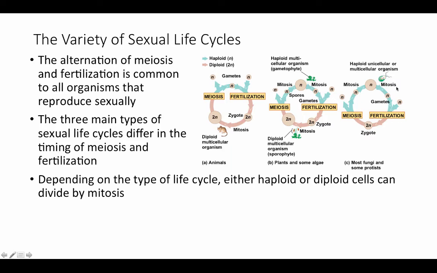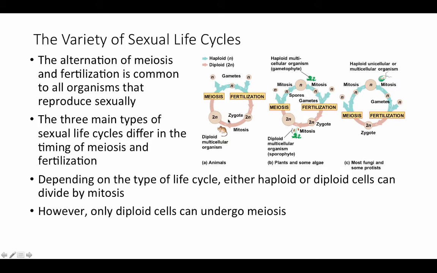A third major form of life cycle is called a haploid life cycle, in which the diploid phase does not undergo mitosis, does not undergo cell division to form a multicellular organism, but the haploid phase can. And so this form of life cycle is found in most fungi and also some single-celled protists.